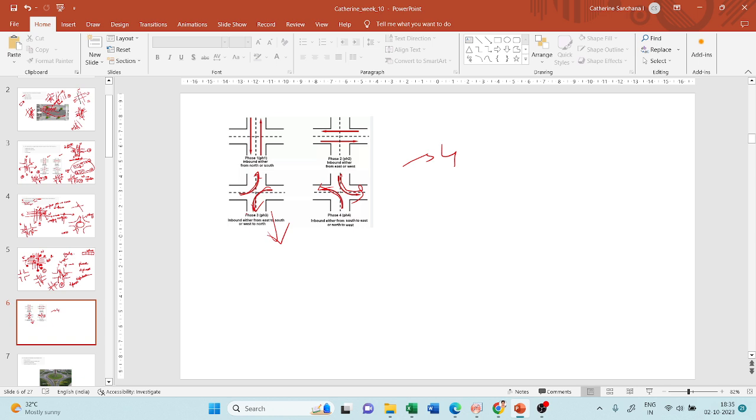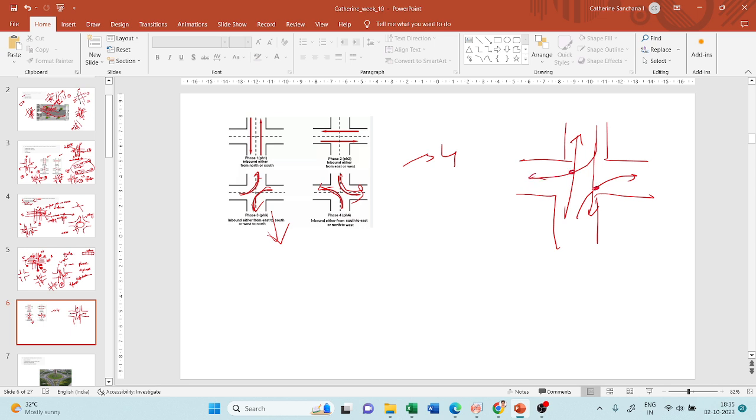If you see, can you identify any point where there could be a possible conflict? No, right? But if you provide the same for a two-phase signal which has turning traffic, you will provide one phase like this, right? So it will create conflict points here.